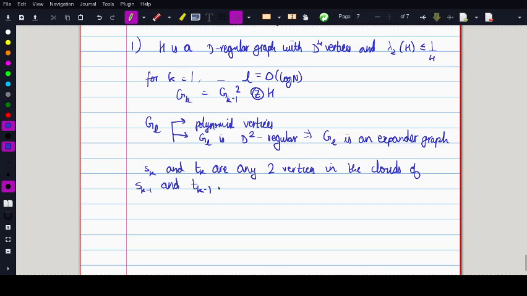So S_k and T_k are any two vertices in the clouds of S_{k-1} and T_{k-1}. All you need to show is that if S_k and T_k are connected, then S_{k-1} and T_{k-1} are also connected.